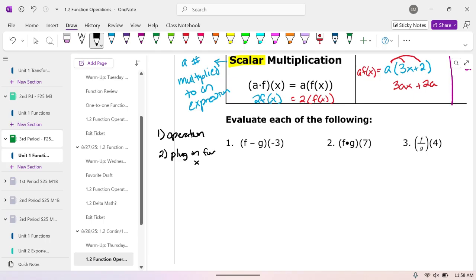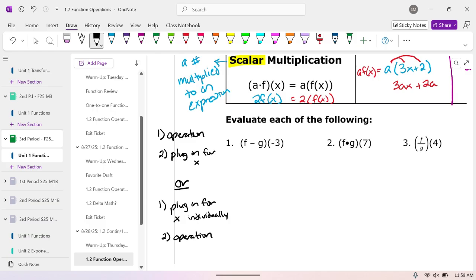So plug whatever number you have in for x. Or the other way is to just do the opposite. So plug in for x in the functions individually. And then once you get those numbers, do the operation.